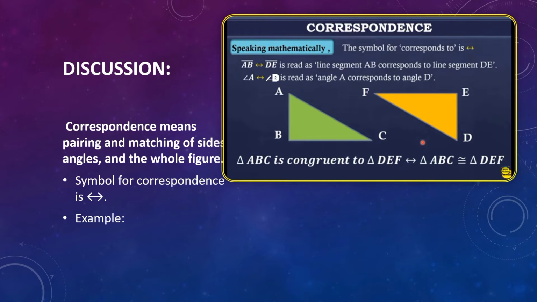Ano ang ating gagawin? We are going to get the match sides and the match angles. Paano natin gagawin? We can overlap the first or the second figure to each other.